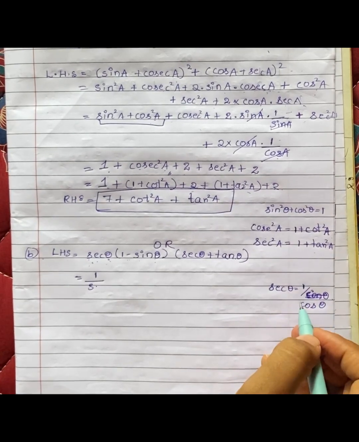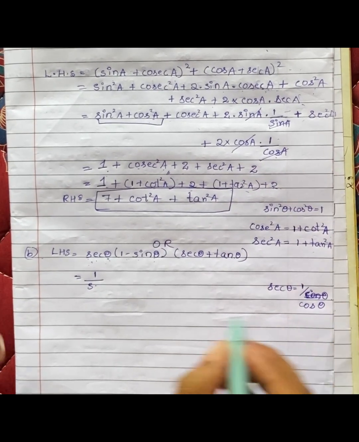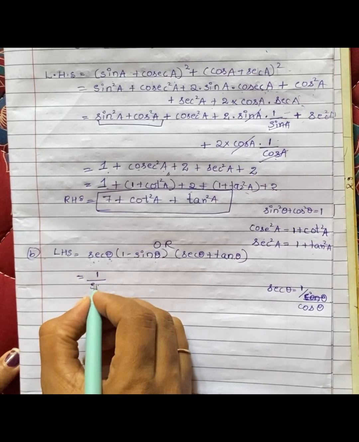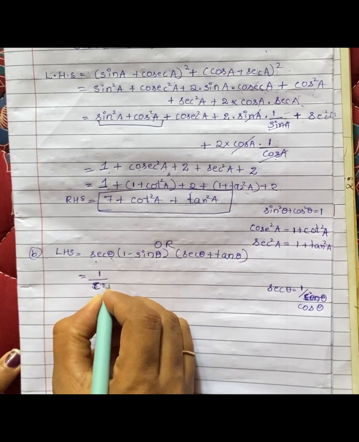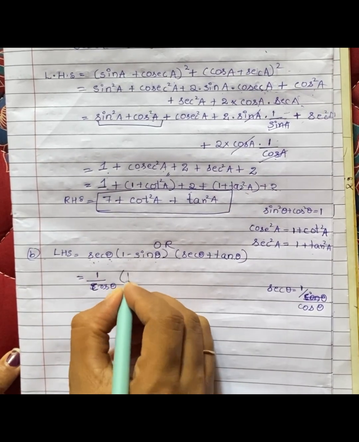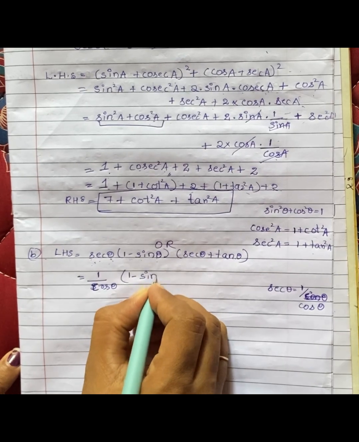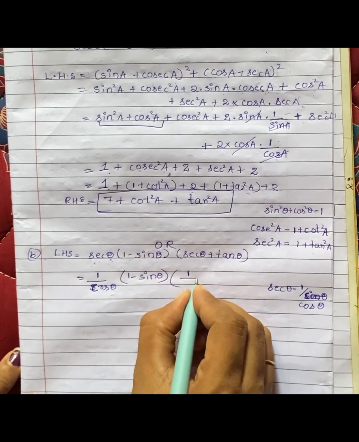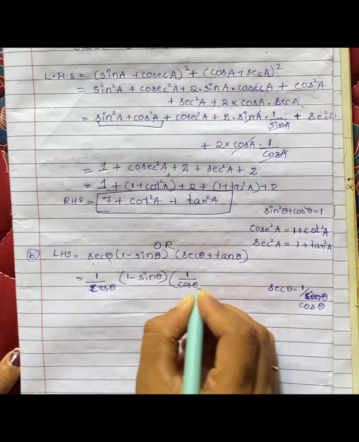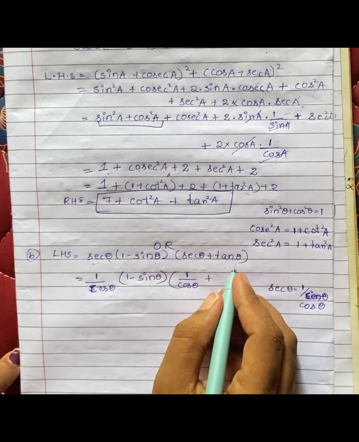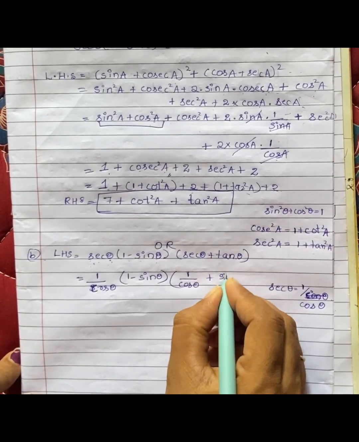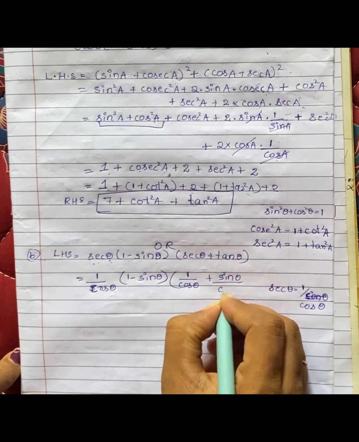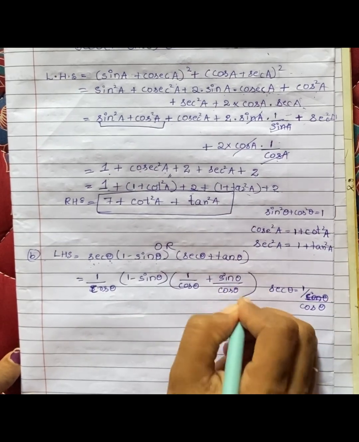Okay, 1 by cos theta is nothing but secant theta. So instead of secant theta, we have to write 1 by cos theta into 1 minus sin theta. Next, secant theta is again 1 by cos theta plus, we know that tan theta is nothing but sin theta by cos theta.